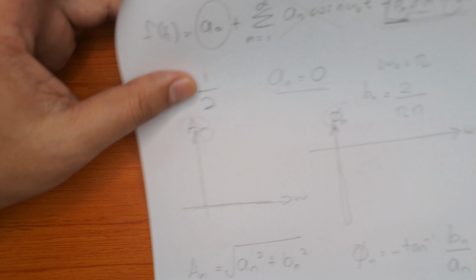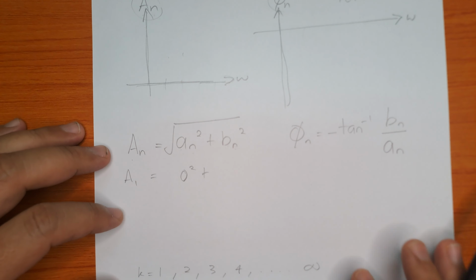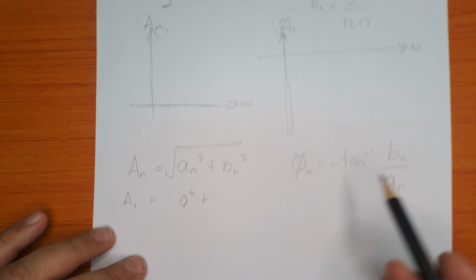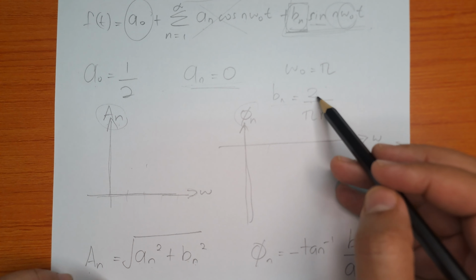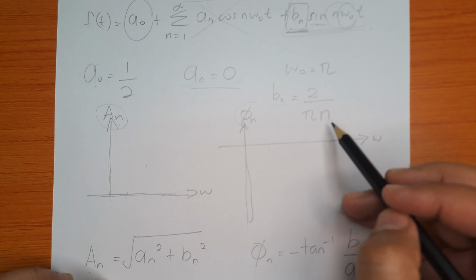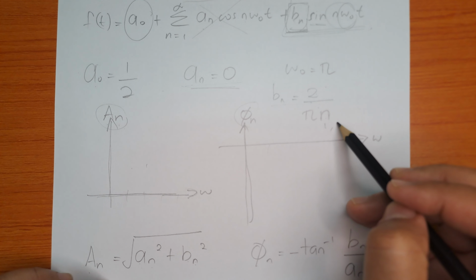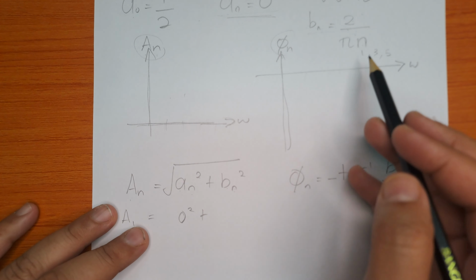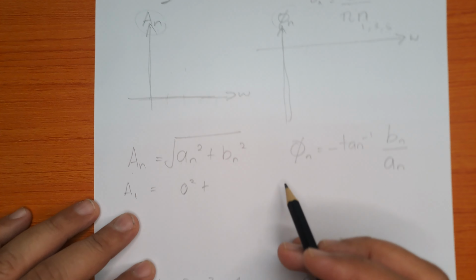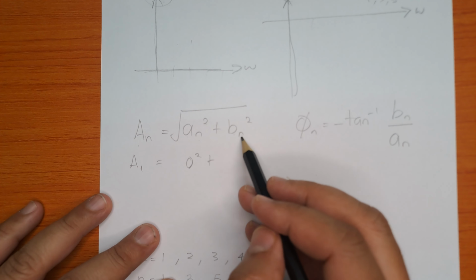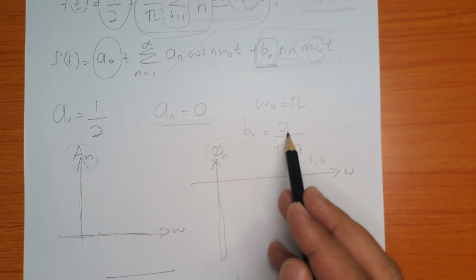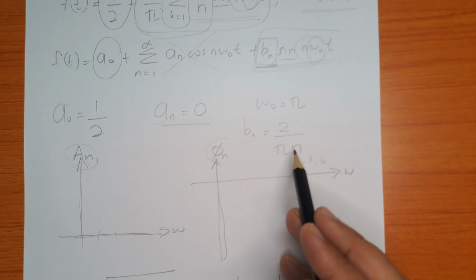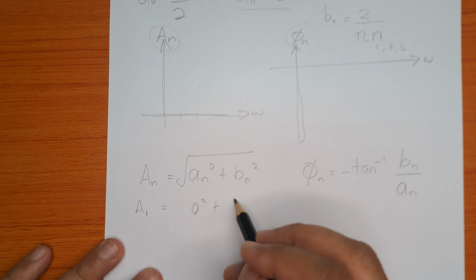So here, going back to this an and bn, for the first term n is 1, next is 3, and then 5. For the first term, n is 1, so bn is 2 over 1 pi.